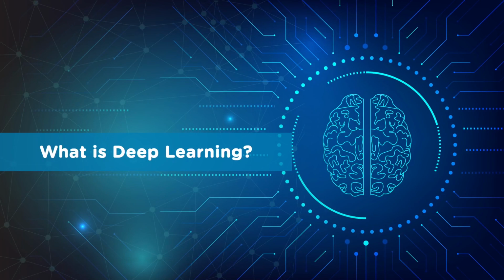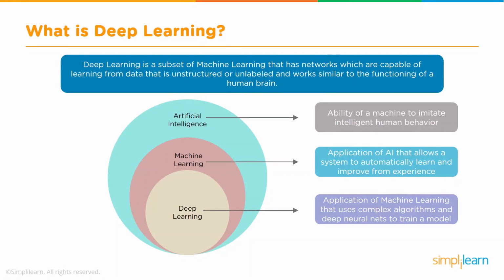So let's get started. What is deep learning? Deep learning is like a subset of what is known as a high-level concept called artificial intelligence. You must be already familiar, must have heard about this term artificial intelligence. So artificial intelligence is like the high-level concept, if you will. And in order to implement artificial intelligence applications, we use what is known as machine learning.